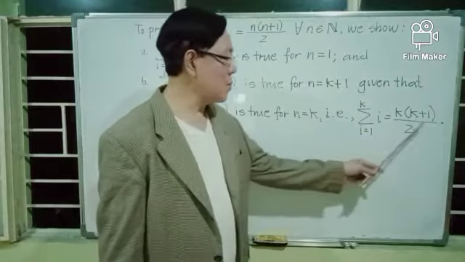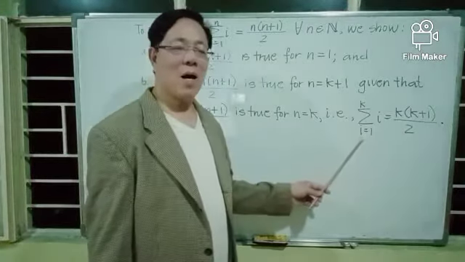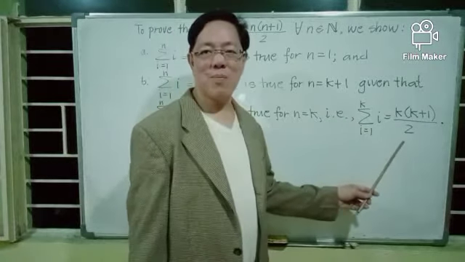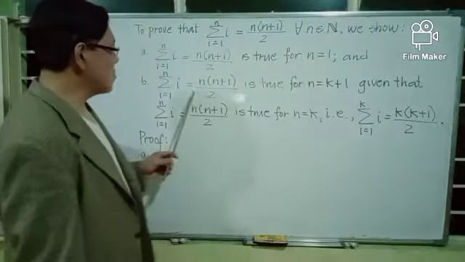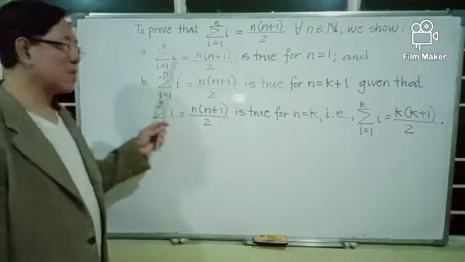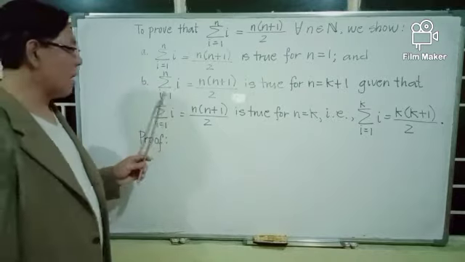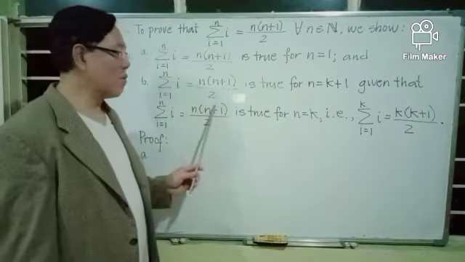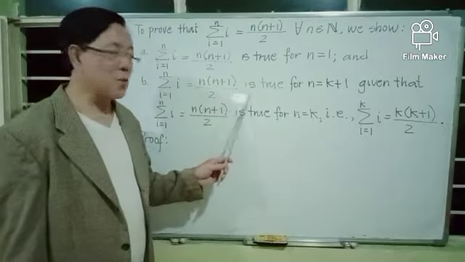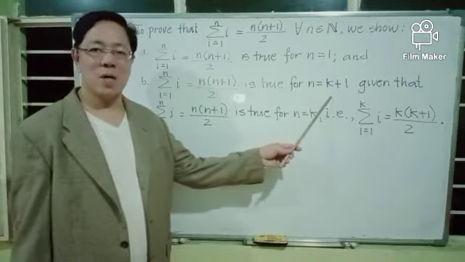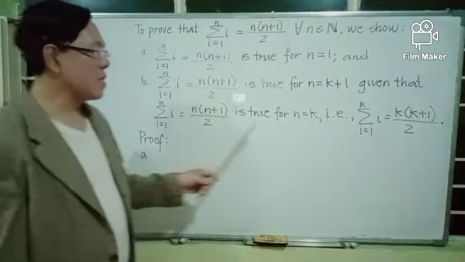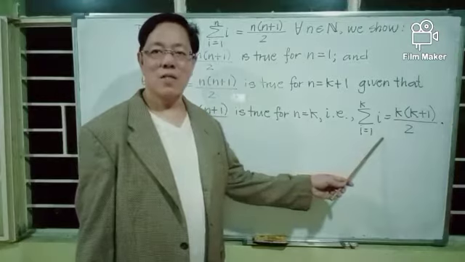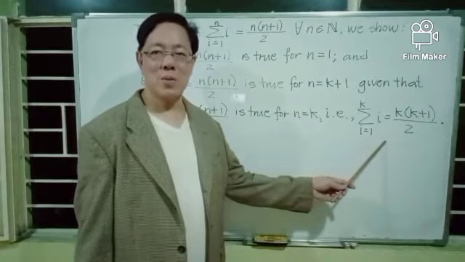If this is true, then we must prove that the given statement, summation of i is 1 to n equals n times quantity n plus 1 all over 2, is also true for n equals k plus 1. And in that proof, we will use this equation which we take to be true.